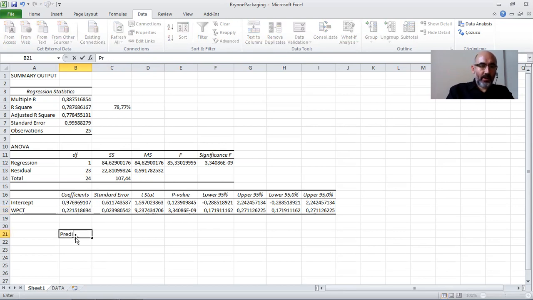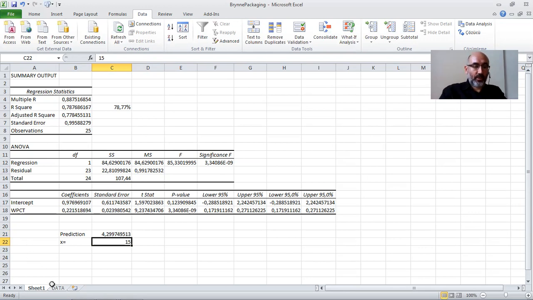So if I want to make a new prediction for a given X, let's say X is 15, what would be my prediction? I could just say intercept plus the unknown X times my slope, and that gives me 4.29, the rating of 4.29.